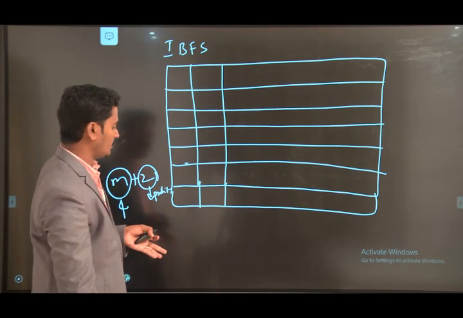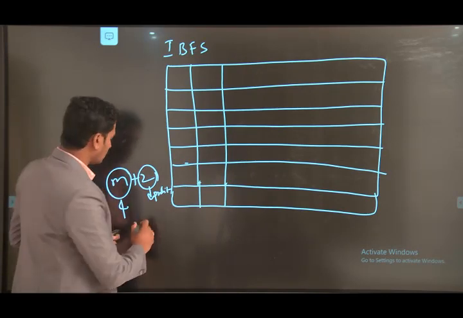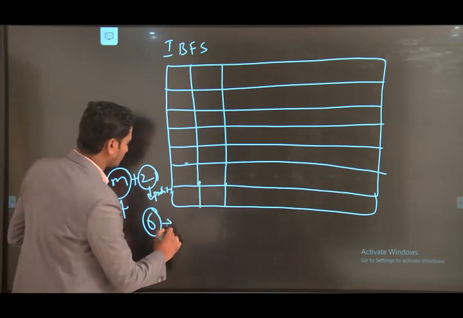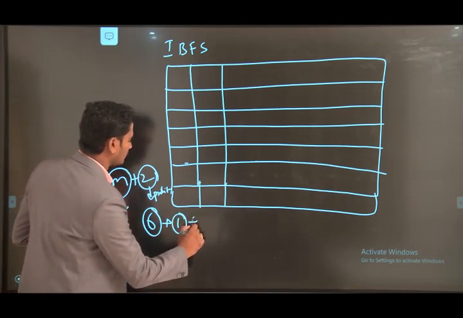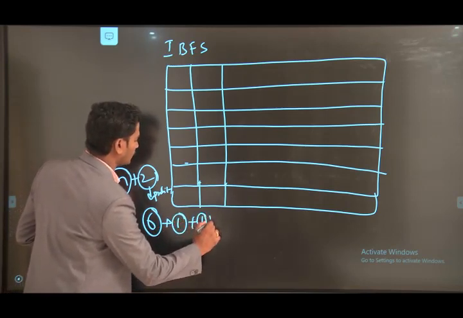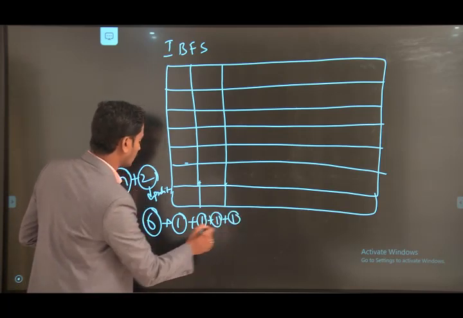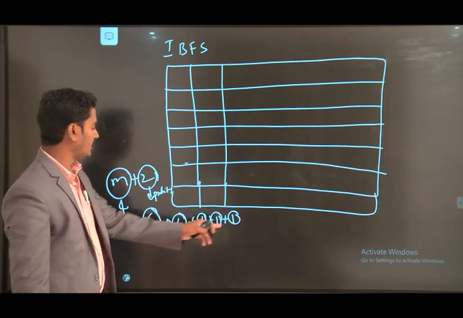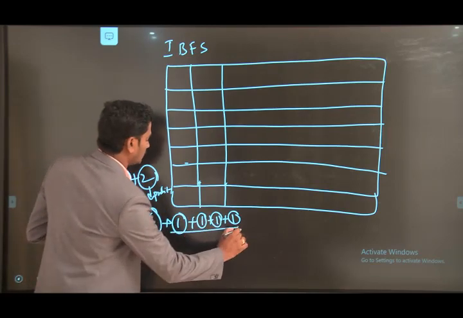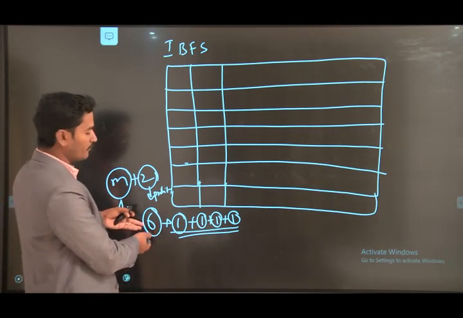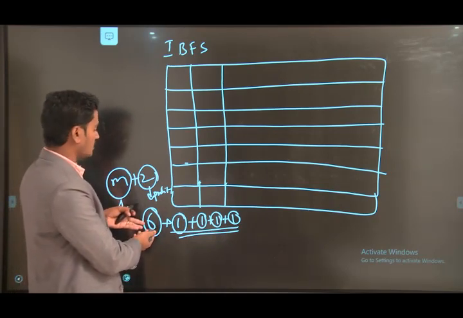Coming to the columns, how many columns are required? Total how many variables are there? 6 variables, plus 1 minimum ratio, plus 1 solution values, plus 1 basic variables, plus 1 contribution coefficient. Total 6, 7, 8, 9, 10. 10 are required. 4 is constant, plus the number of variables including basic variables and non-basic variables.